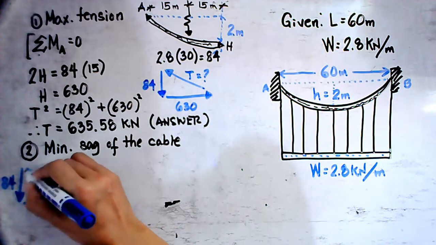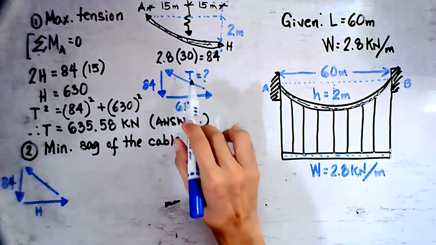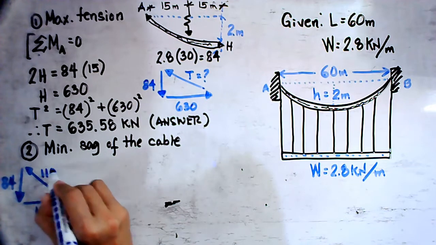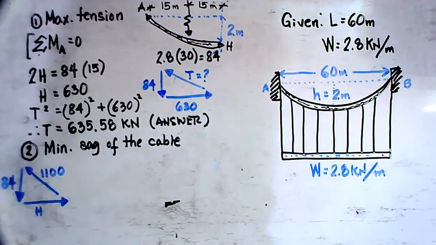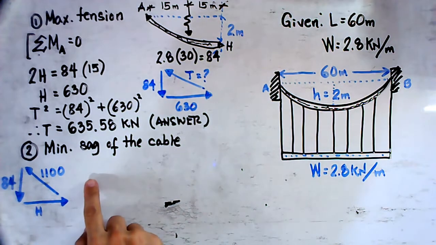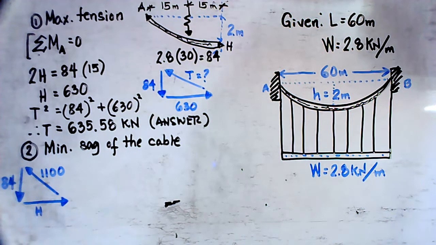That means instead of using a value of P here, we are going to use the given condition, wherein the maximum tensile force is 1,100 kilonewton.